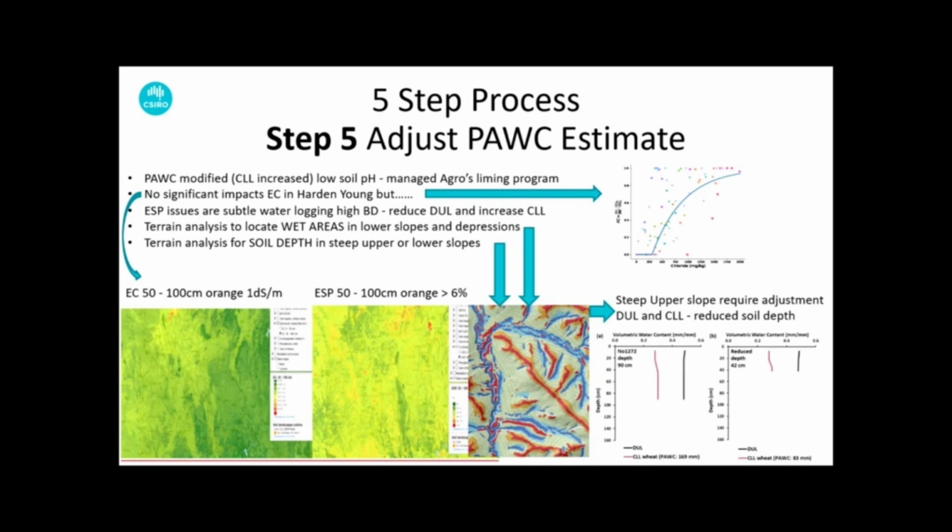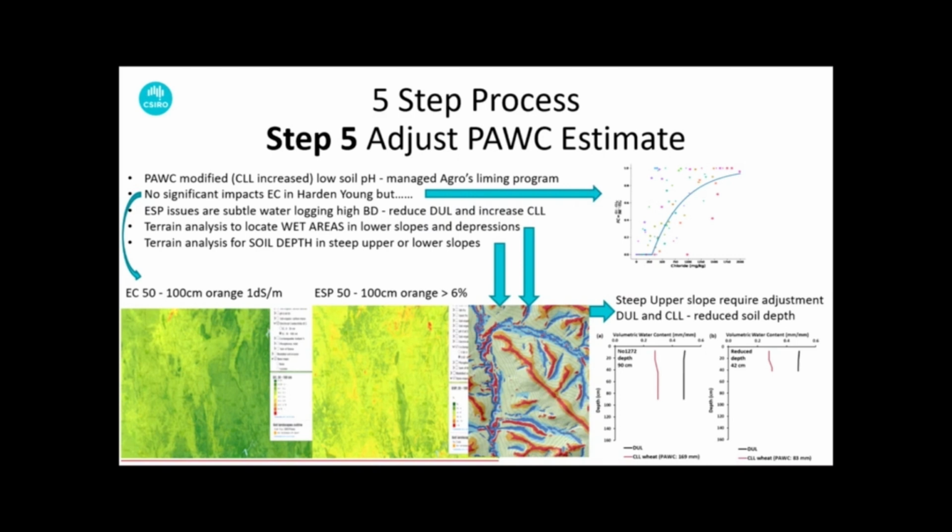Subsoil constraints like pH are usually based on what an agro would already know in that paddock. We know that the Hardin Young landscape has very little EC issues. We do have ESP issues with sodicity at depth, but they're very strongly correlated with this map.